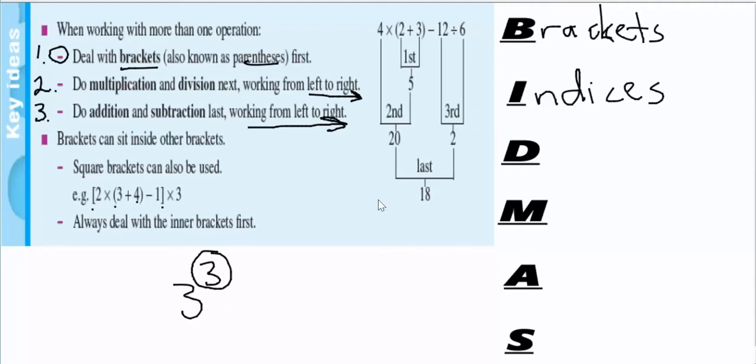The O has been replaced by the I, so it's now BIDMAS instead of BODMAS, because this I represents indices, which are an important part of the process. But like I said, it's not something you're really going to deal with at year 7 with order of operations, so you don't really need to know it, but make sure you understand the BIDMAS. D, division, goes in here.